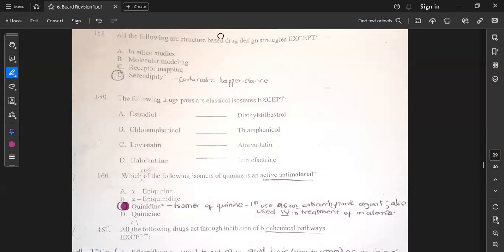Good. So the following drug pairs are classical isosteres, except: estradiol and diethylstilbestrol, chloramphenicol and thiamphenicol, lovastatin and atorvastatin, halofantrine and lumefantrine.